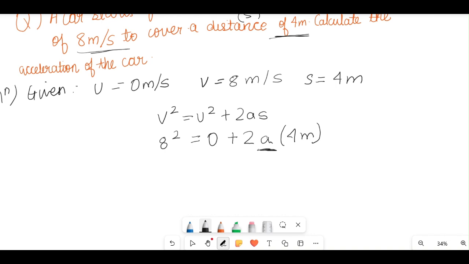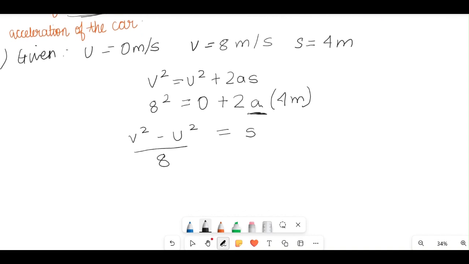So let's take it on the other side. v square minus u square, and s. So we will multiply 4 and 2 and keep the a on the other side. 4 2s are 8. We'll put it in the denominator. a is equal to 8 square minus 0 upon 8.